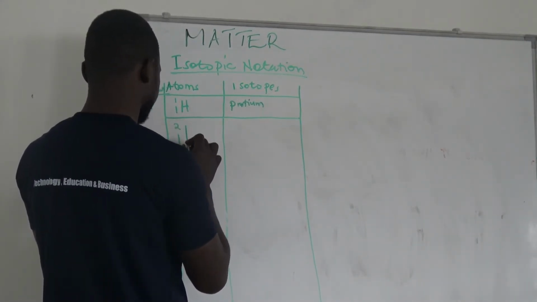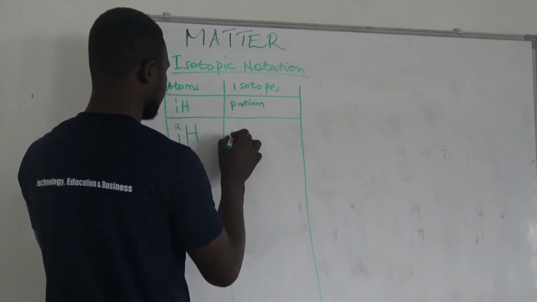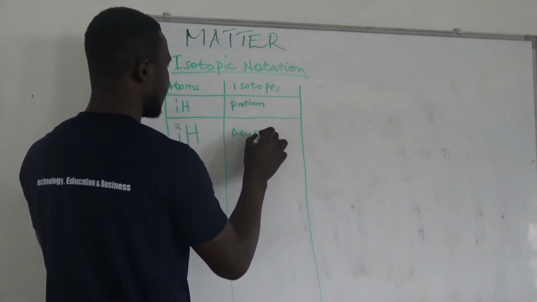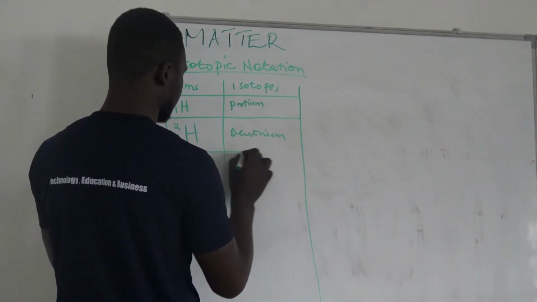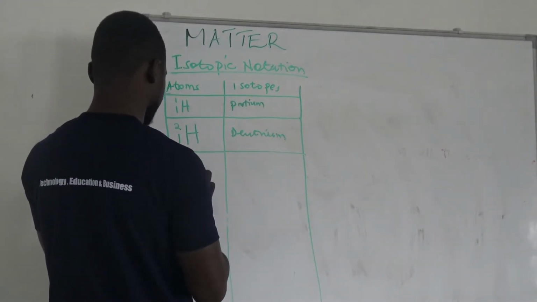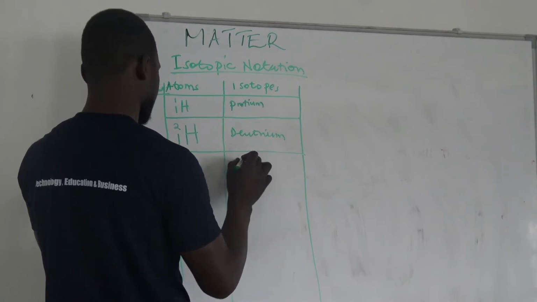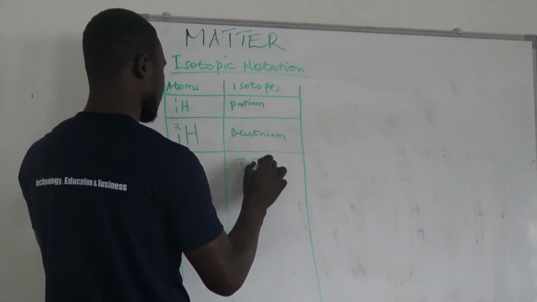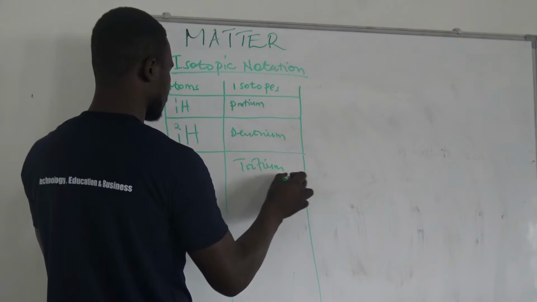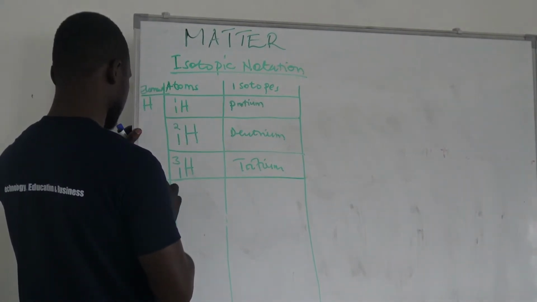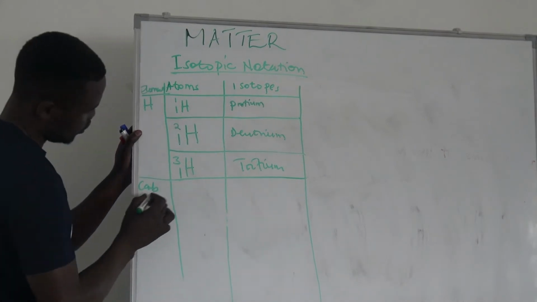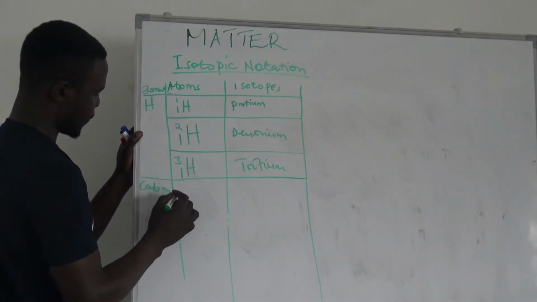It can have mass number 2, and here we call it deuterium. It can have mass number 3, and here we shall call it tritium.